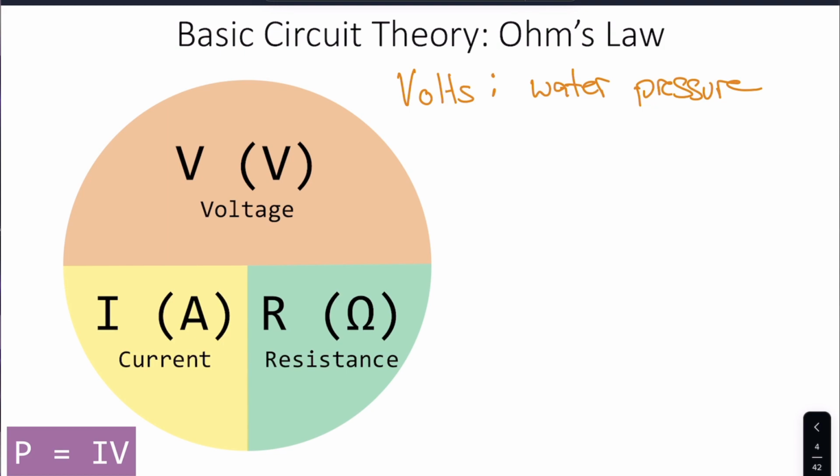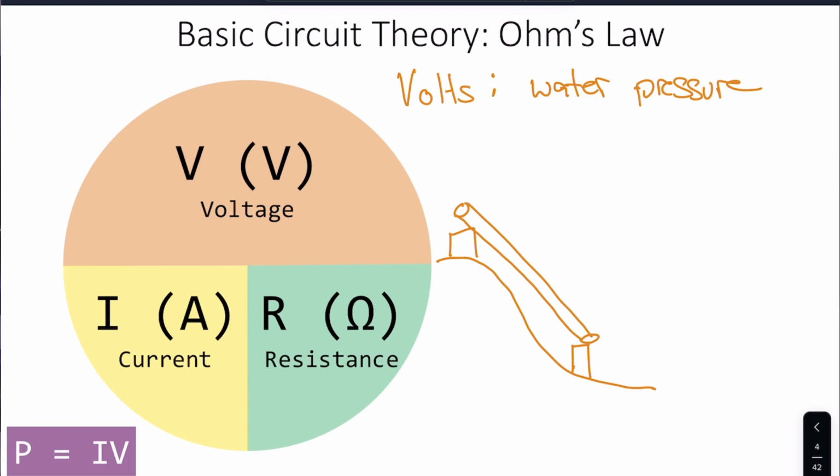So if I'm going to draw a diagram here, maybe we have something like this. We have a hill, and at the top of the hill we have some sort of pipe. And that pipe goes down the hill and outflows at the bottom.